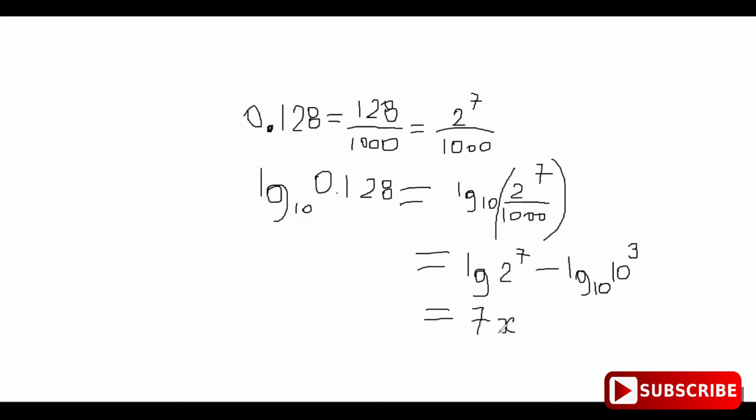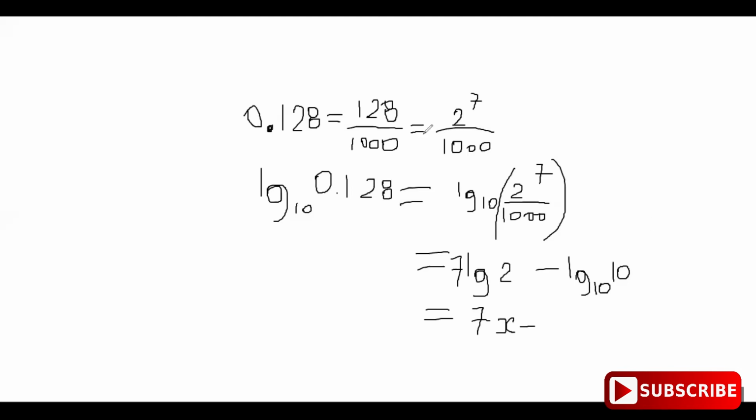That's clear? Because right here, by the rules of log, I can bring down the power to get 7 log 2, and they told us log 2 is x. Then minus, for the 3, I can bring down the 3, and so this is 3 log 10 of 10.